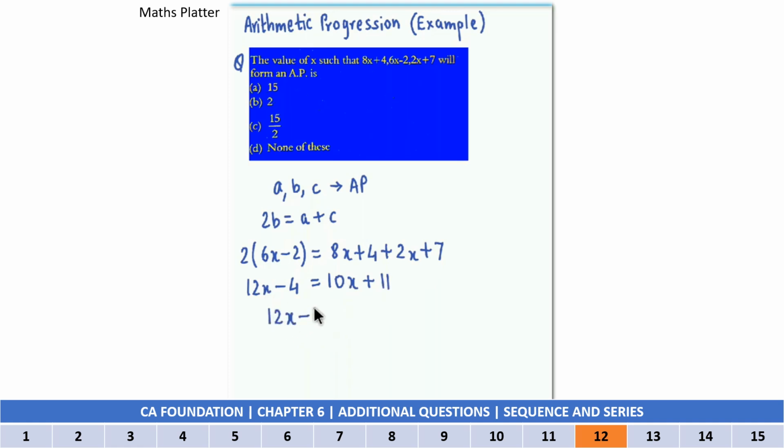We obtain 12x minus 10x equals 11. We bring this 4 to the right hand side, so it becomes plus 4. So we have 2x equal to 15. So the value for x is 15 upon 2, which is option C.